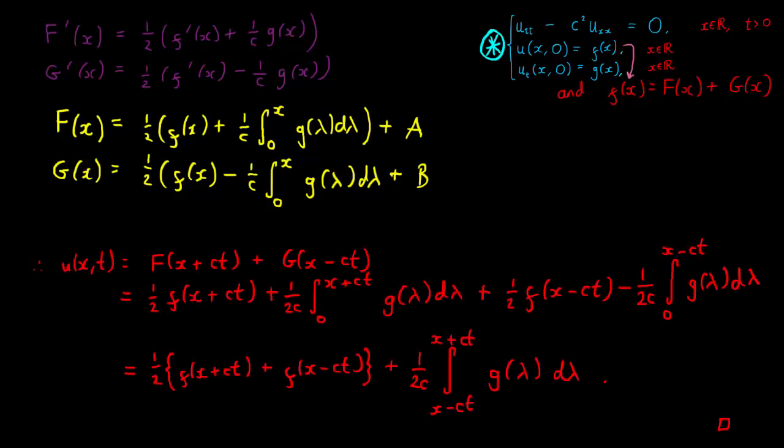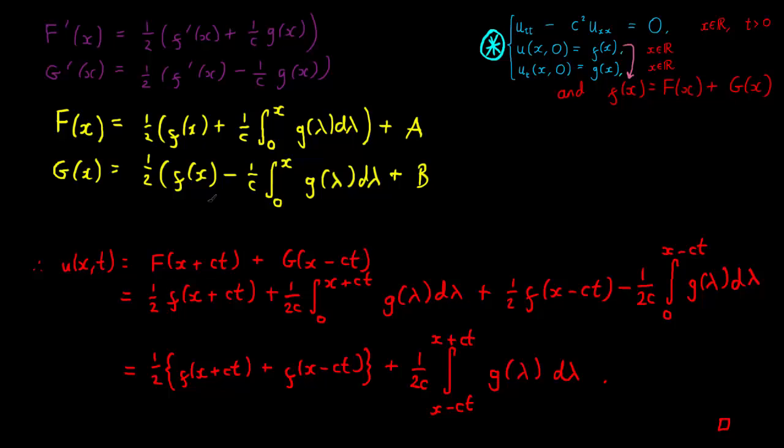Okay, so now we've got expressions for F of x and G of x. All we need to do to complete the proof is to substitute these expressions into the general form of the solution of the wave equation that we found earlier. So what are we going to do? Well, we've got the expression for big F and big G. So wherever we see an x here, we're going to replace it with x plus ct. And wherever we see an x in the expression for G of x, we're going to replace it with x minus ct.